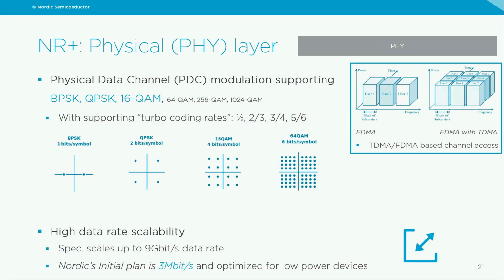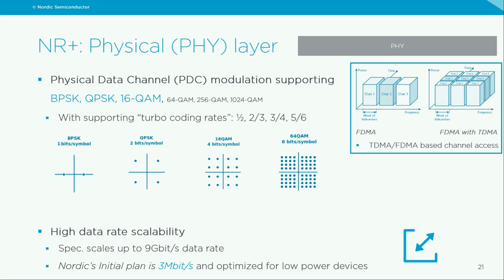More about the physical layer, you have a physical data channel modulation supporting BPSK, QPSK, 16 QAM up to 1024 QAM. And this is similar to that we have in cellular.